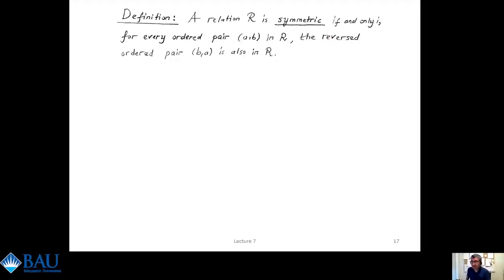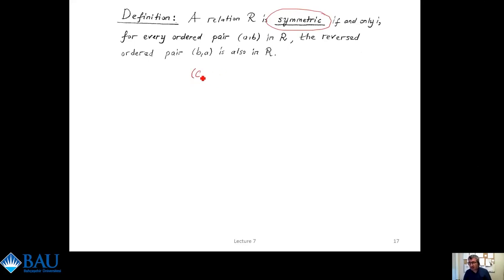Now the next part is about symmetric, because at first we said that we are talking about a relation which we call an equivalence relation. What is an equivalence relation? A relation which is reflexive, which we learned about, then symmetric and transitive. Now we want to talk about symmetric. What is symmetric?